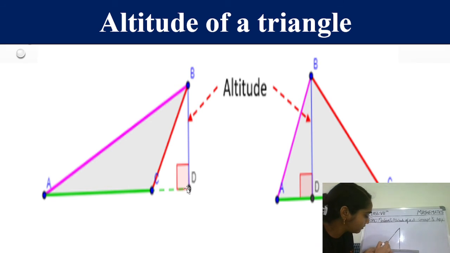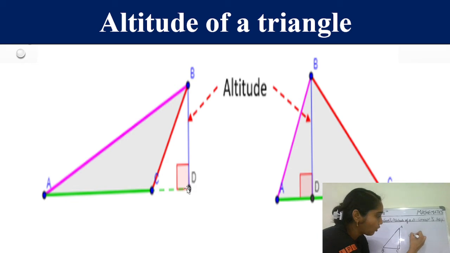Let us say this is ABC. If I have to draw a perpendicular line from vertex A to the side BC, it will be this side of the triangle only. So we can say that altitude can lie on the triangle also.